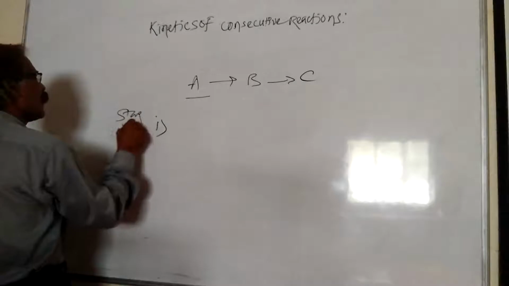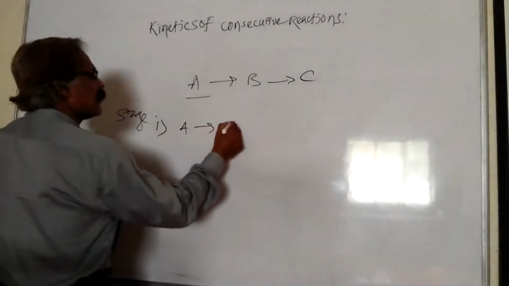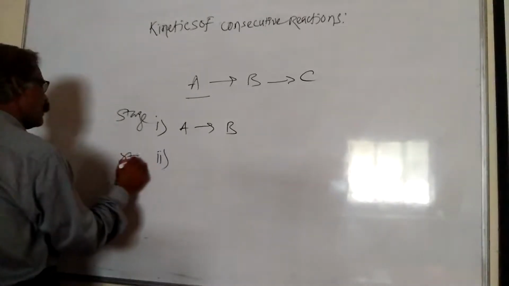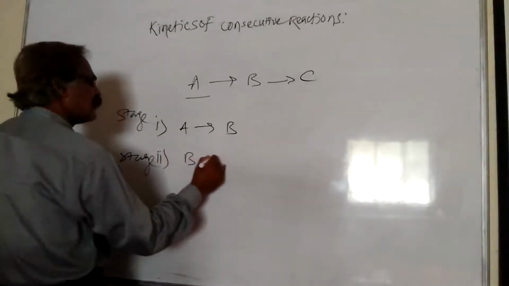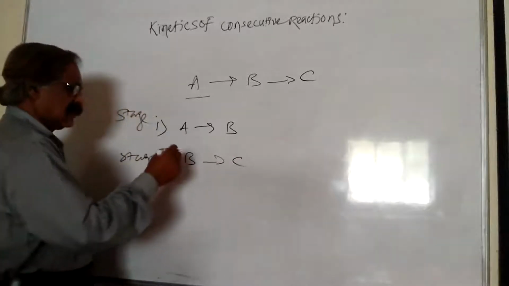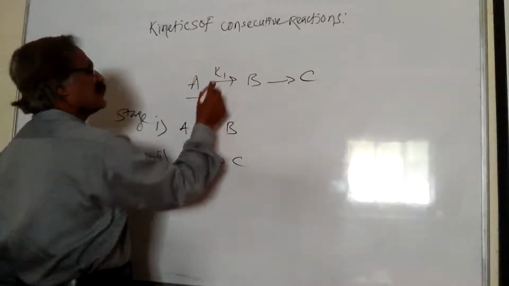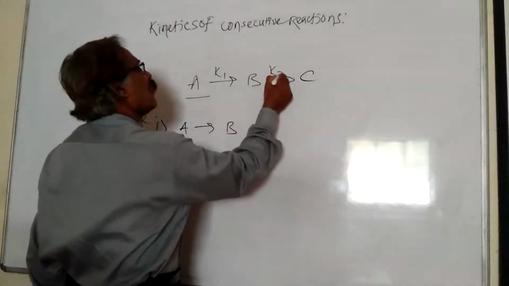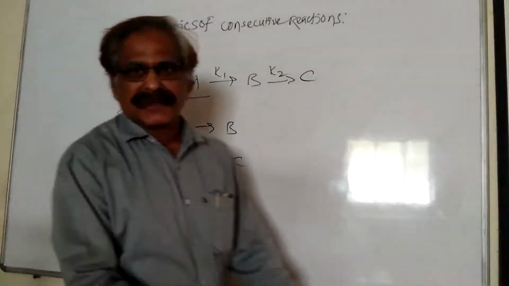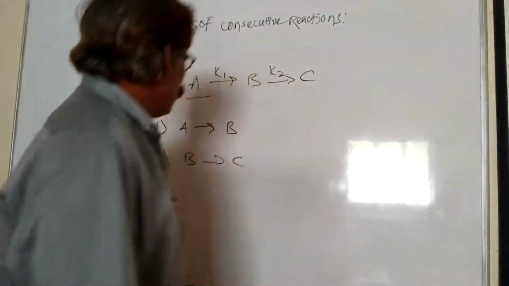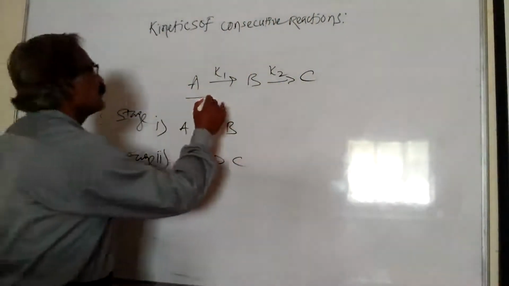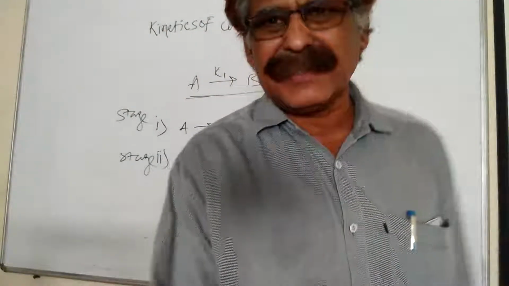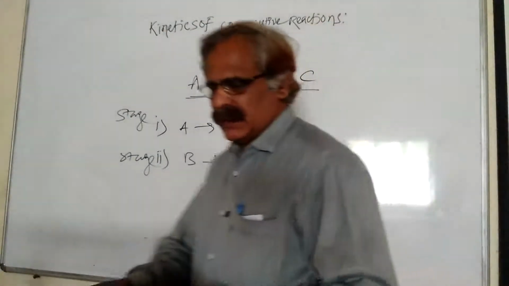Let us suppose the rate constant of first stage is K1 and the rate constant of second stage reaction is K2. So here this type of reaction is known as consecutive reaction or sequential reaction.